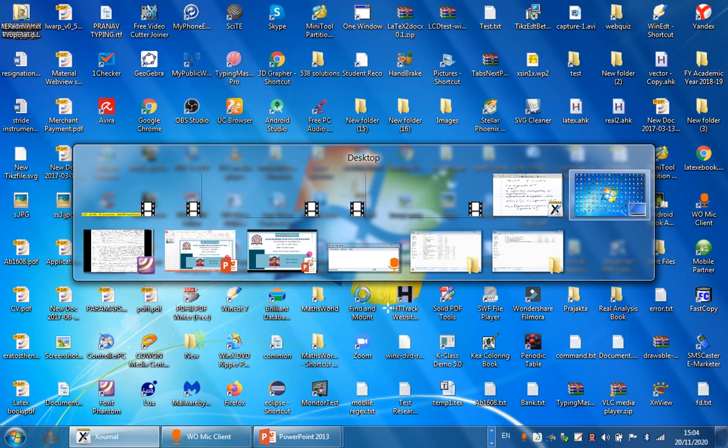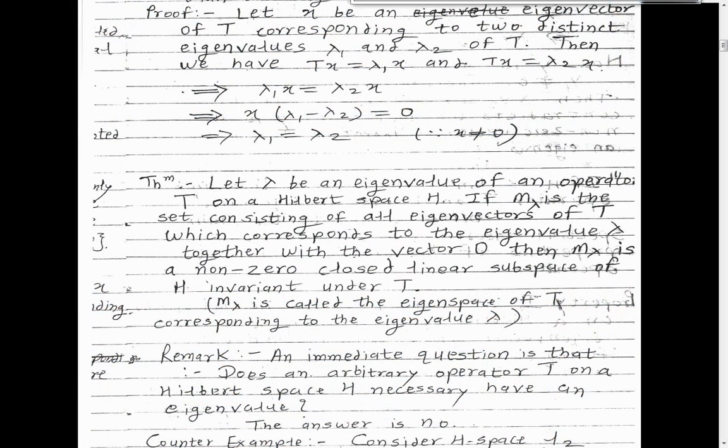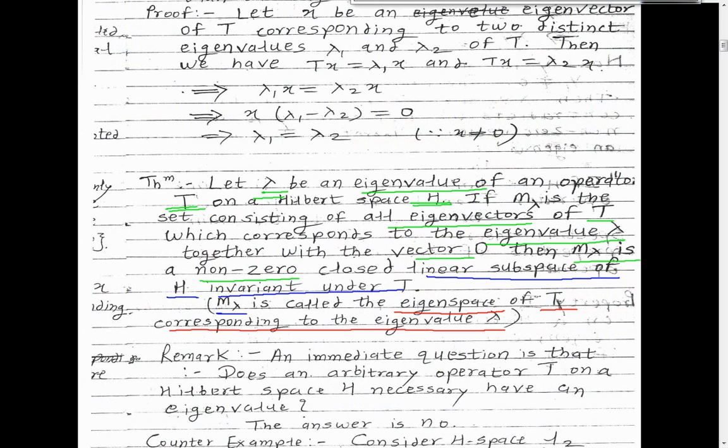This M lambda is called the eigenspace, and it is a linear subspace of H which is invariant under T.